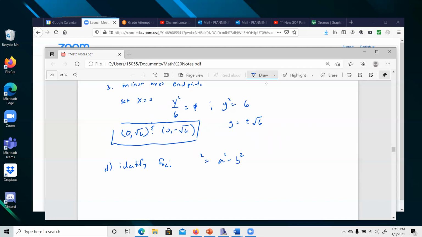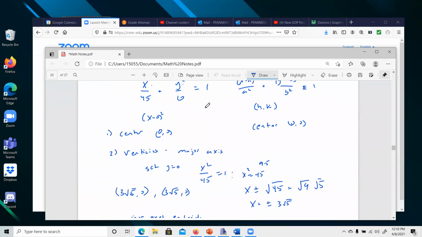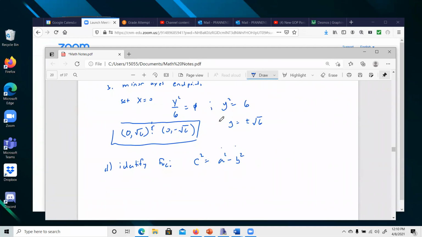I'm assuming that you guys would know that. So it's just the bigger one squared minus the little one squared. In this case, the a really is our x because it's the bigger one. If I swapped them, I would expect you guys to not miss a step and just swap. Take the big one minus the little one, even if it was written second.